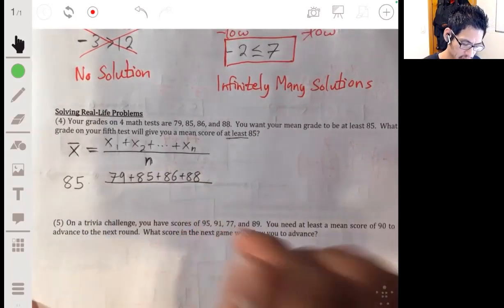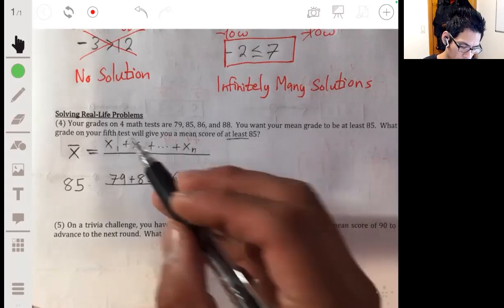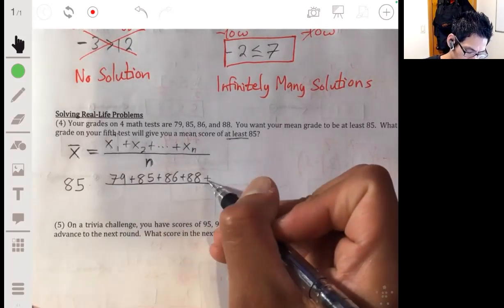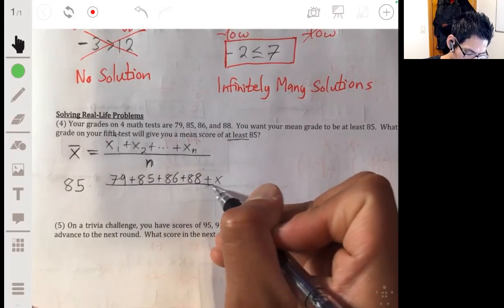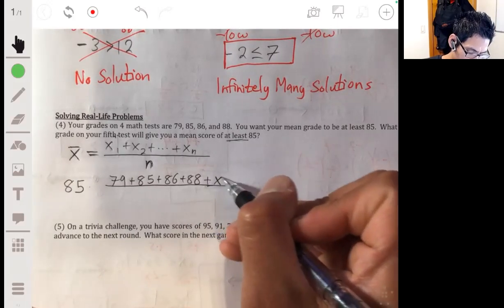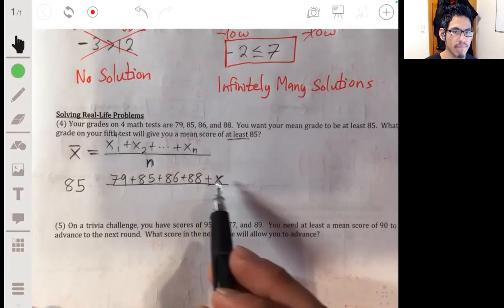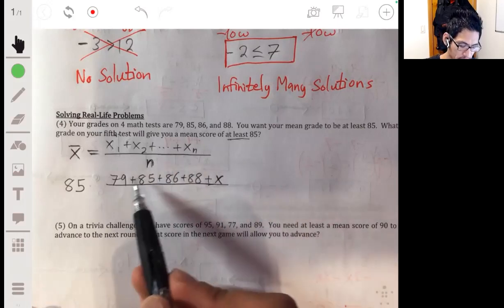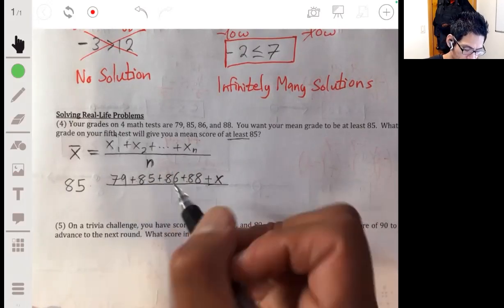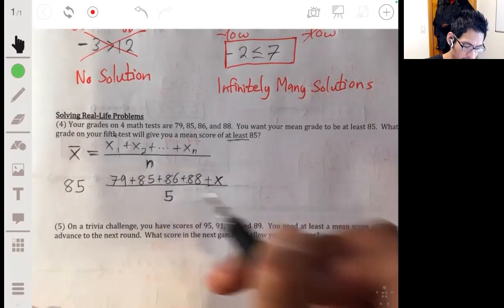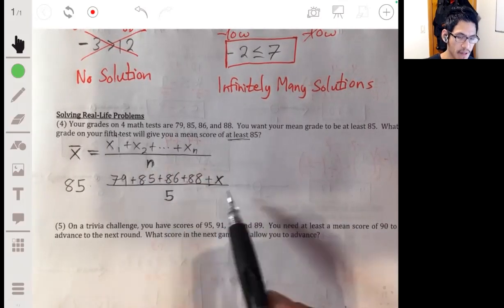That's the 4 math tests you've done so far. Now your 5th test, we're going to leave it as x, because that's going to calculate into your mean of 5 tests. And then you're going to be dividing by 5, because there's 5 values. So n is 5. So this will be your mean.